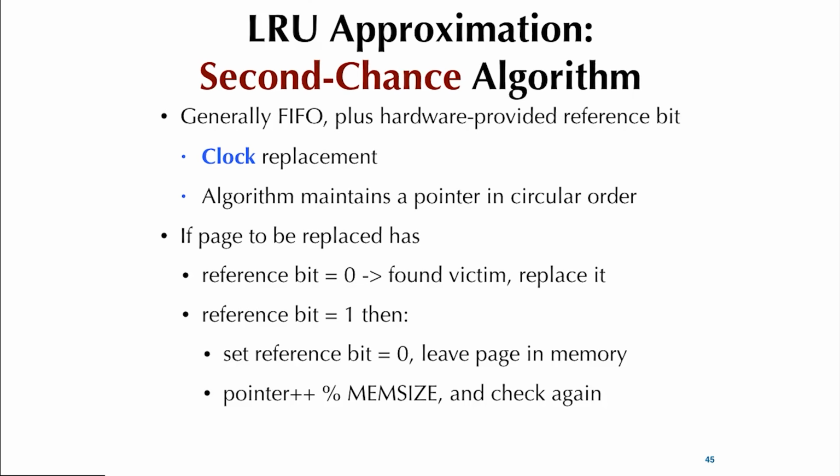So that means when you find a page with a reference bit of 0, it's likely that it has already gone through one cycle and hasn't been referenced after an entire cycle. Okay, so it is a FIFO, but it does have this consideration for recent reference.